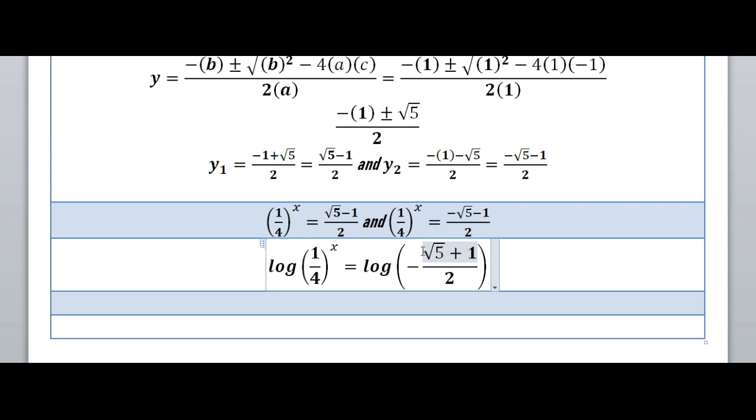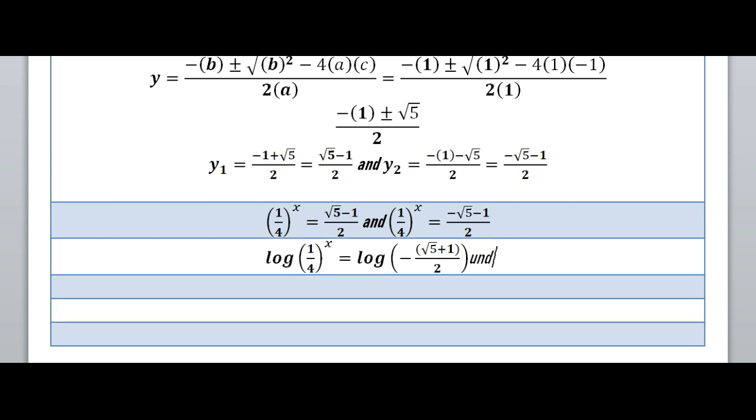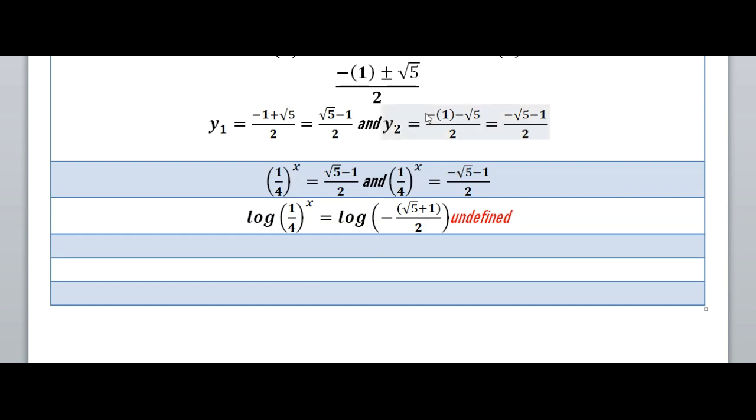So you see, the log of a negative number is always undefined. So it means the first solution, when y is negative root 5 minus 1 over 2, is undefined. So that first solution there is undefined. We go to the next case.